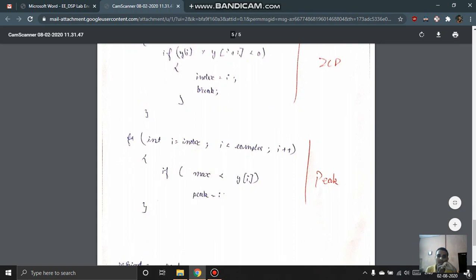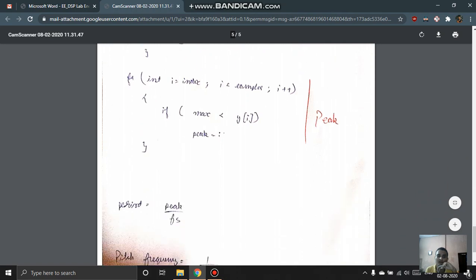For the peak, I have also not written something: if this is greater than max, we also have to update the value of max. So max equal to yi is absent here. I forgot to write that due to time constraint. We'll just go through the signal after the zero crossing point and find the index corresponding to the maximum value. Another line will be here, max equal to yi inside this if condition.